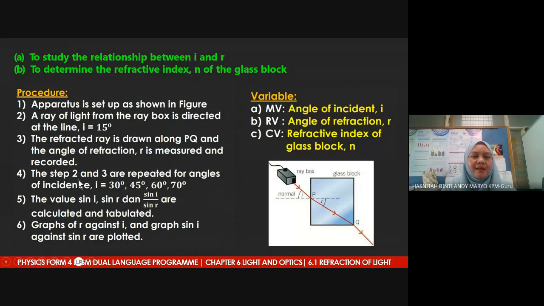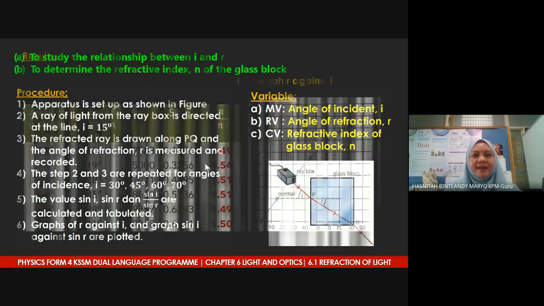Then we repeat using different angles of incidence of 30, 45, 60 and 70 degrees. All data are collected and tabulated in a table, and later we plot a graph of i against r and then sine i against sine r.